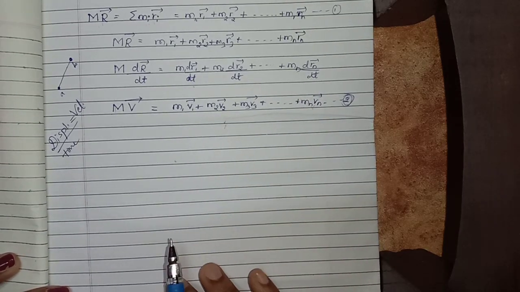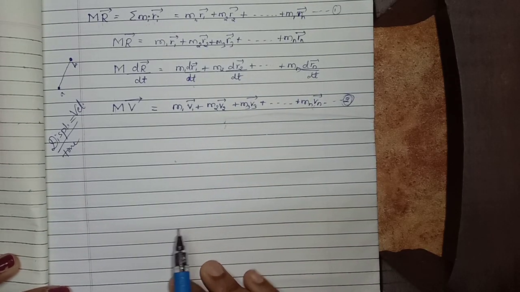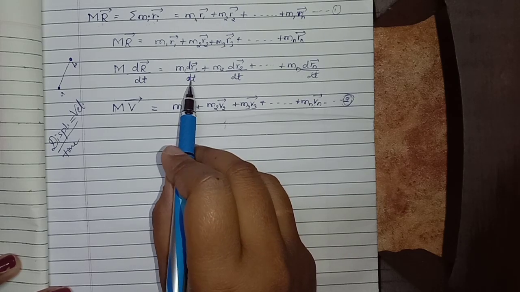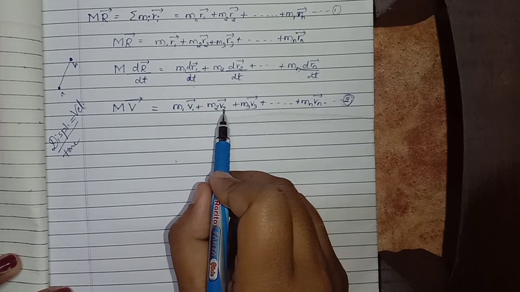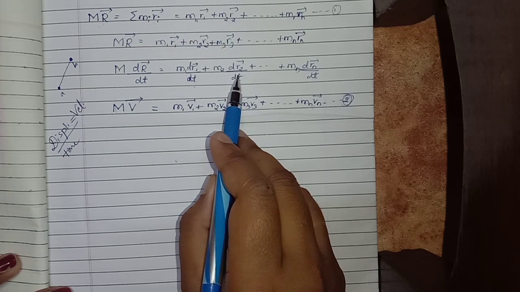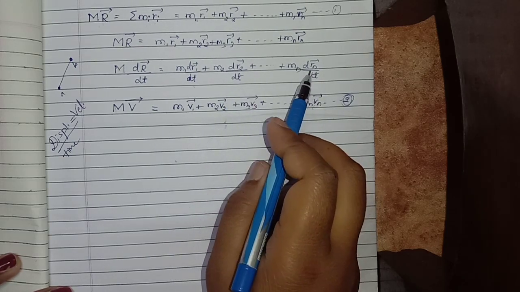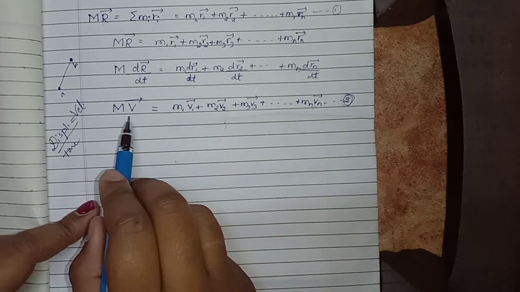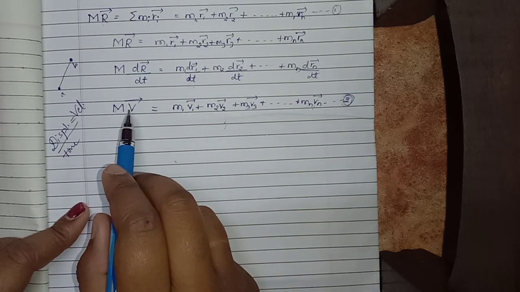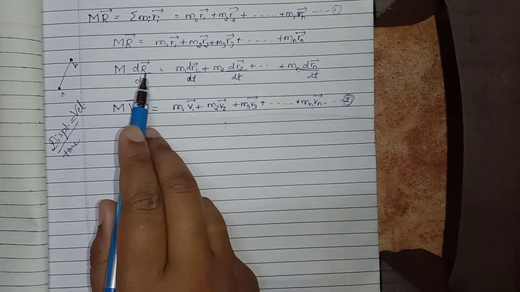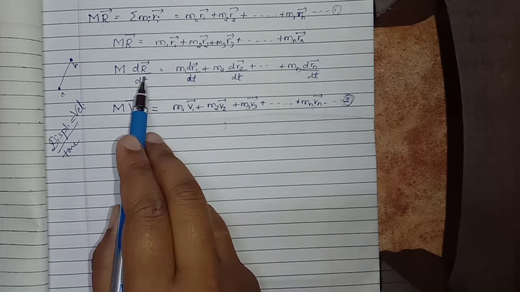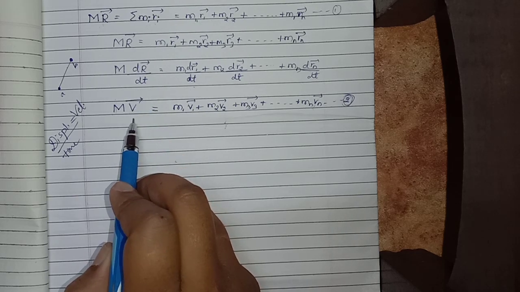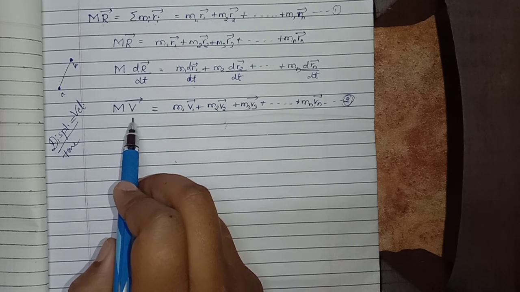All these are velocities. v1 is the velocity of the first particle, v2 is the velocity of the second particle, vn is the velocity of the nth particle. Understood? And this capital V is the velocity of r, the position of the center of mass. Hence this V is also the velocity of the center of mass.